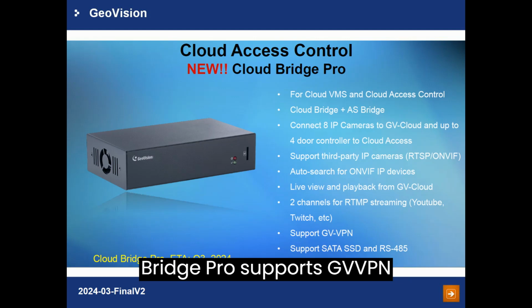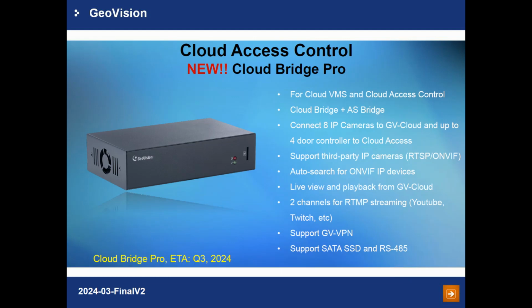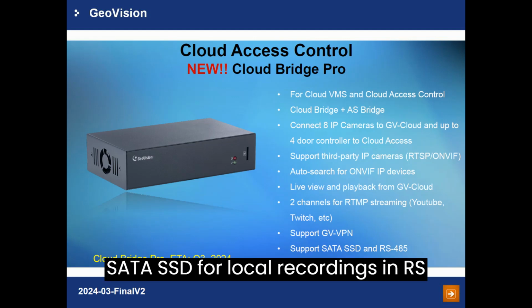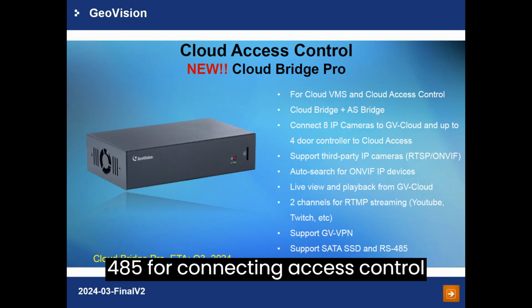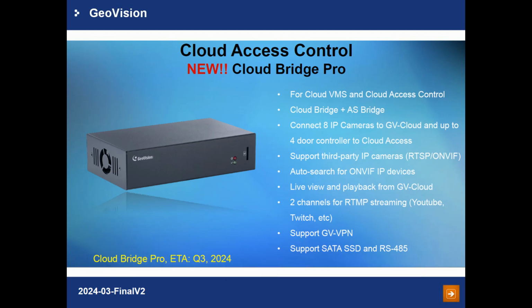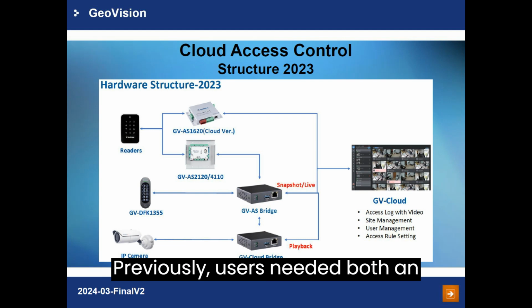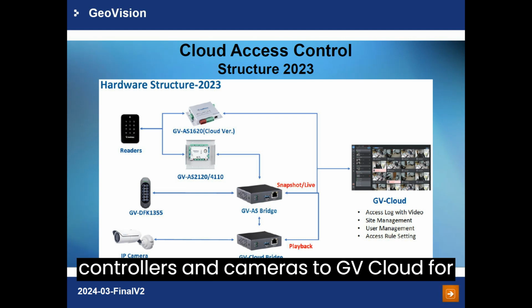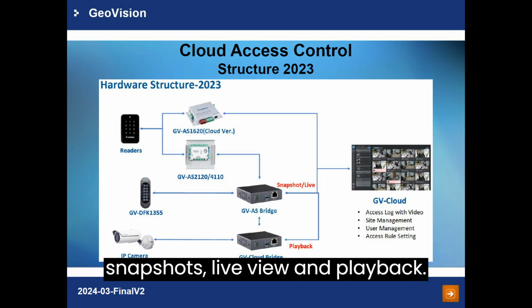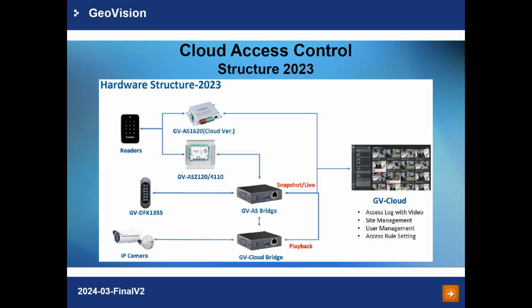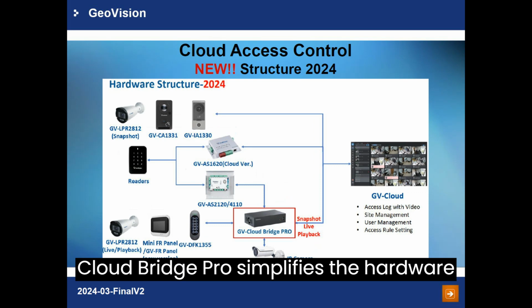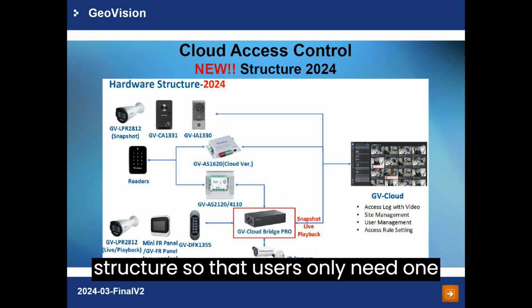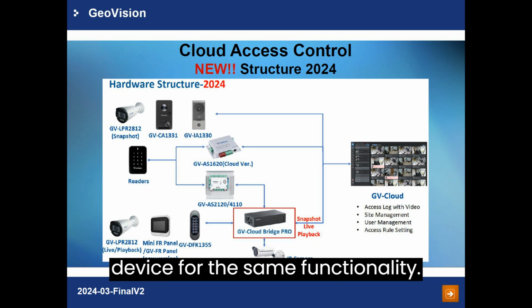Furthermore, Cloud Bridge Pro supports GV-VPN, SATA SSD for local recordings and RS-485 for connecting access control readers. Previously, users needed both an ISCWest and Cloud Bridge to connect controllers and cameras to GV-Cloud for snapshots, live view and playback. Cloud Bridge Pro simplifies the hardware structure so that users only need one device for the same functionality.